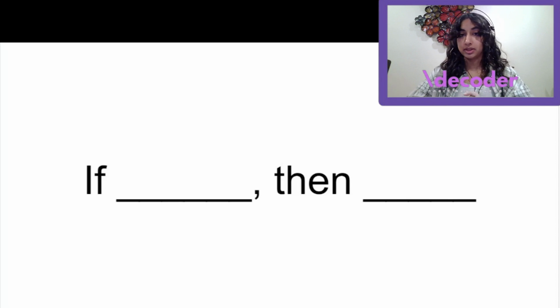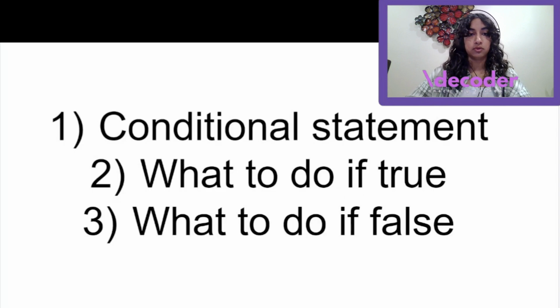So there's three main things that you have to give the program in order for it to know what to do. One, you have to give it the conditional statement. If what, let's say, and this is the example I'll use later, if a number is greater than this, then do this. And that's where the second thing comes into play, what to do if the conditional statement returns true.